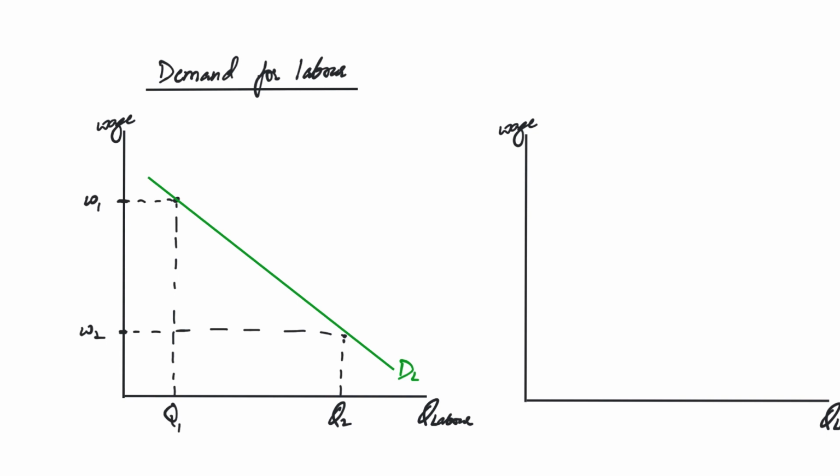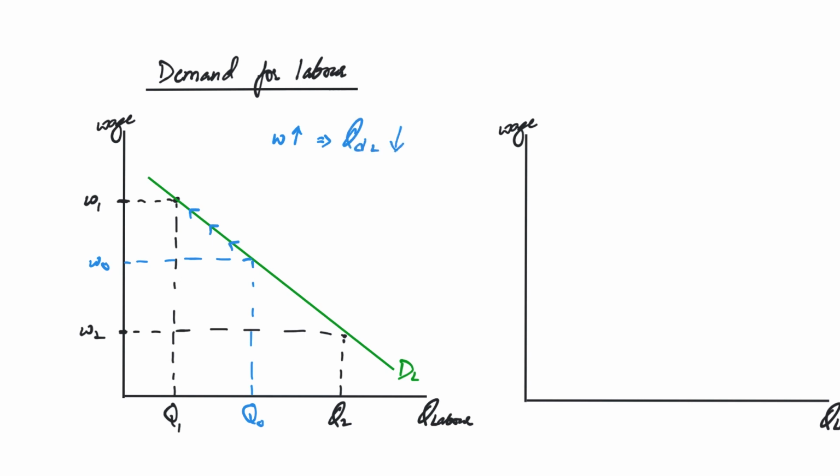Now, any kind of change in the wage, for example, if I mark this as my wage rate, W0, and this is the number of labor hired. If the wage rate goes up, we will see that the quantity demanded for labor is going to go down.